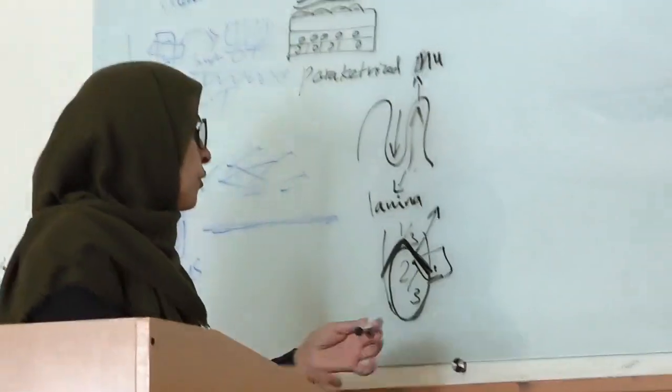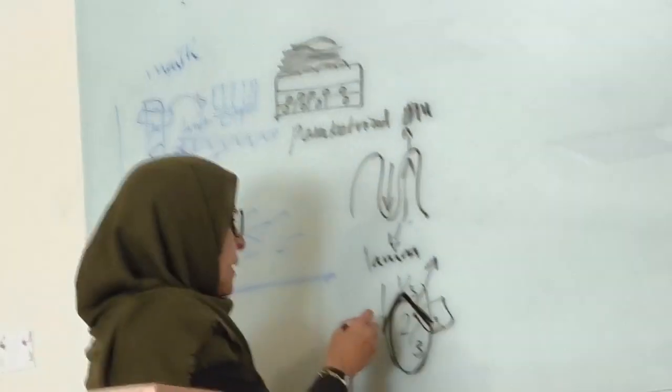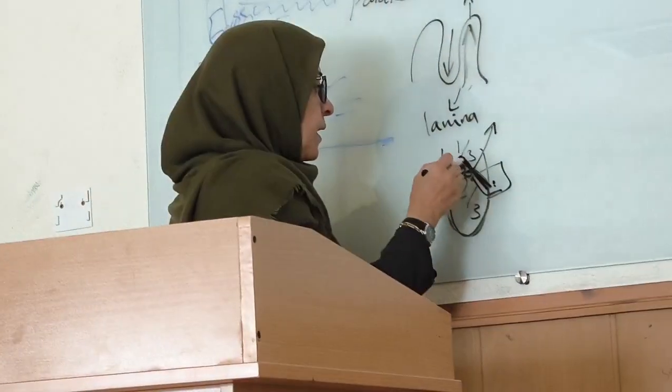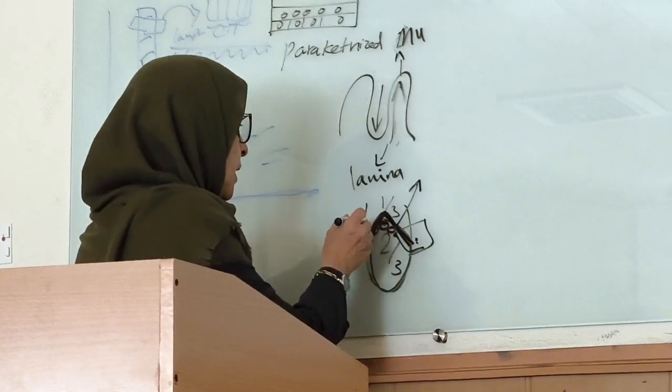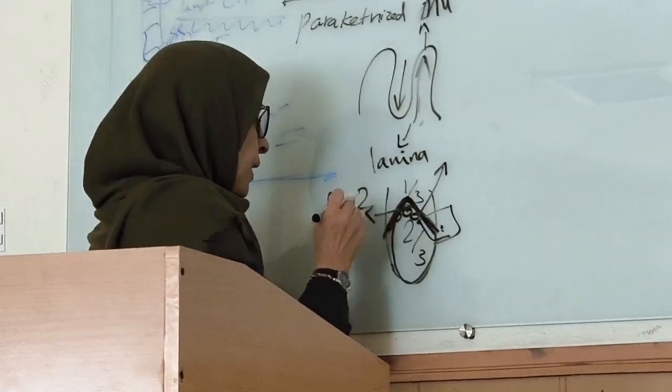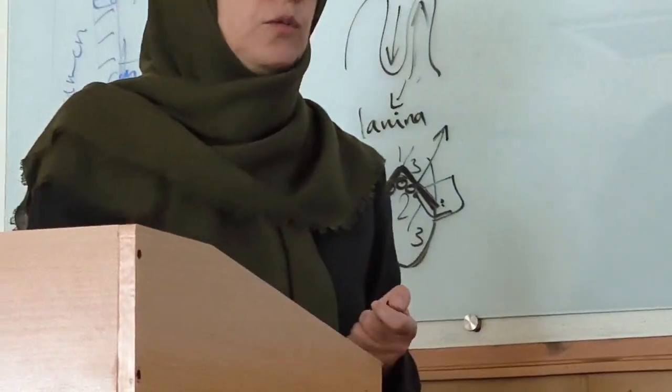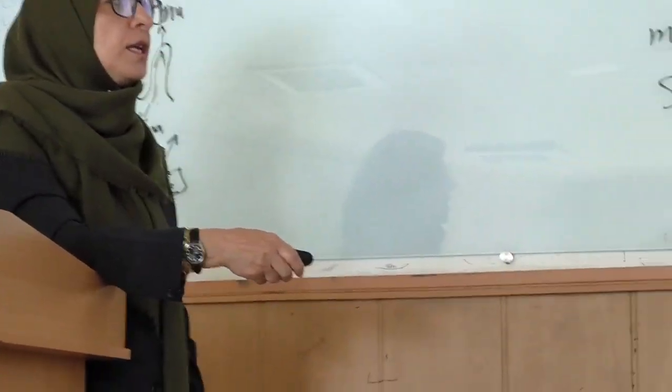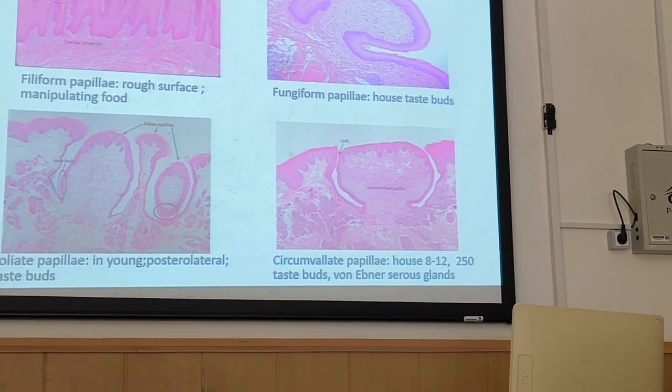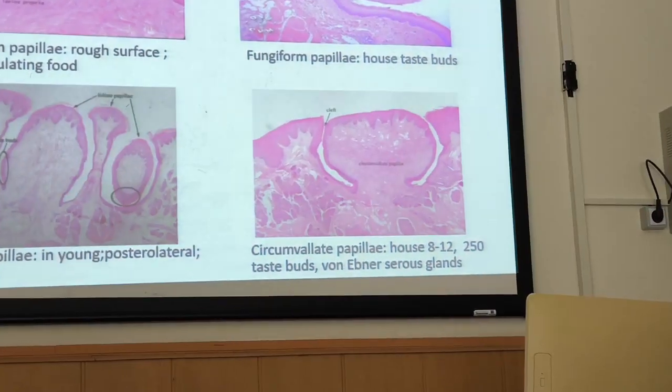The circumvallate papilla are located in the anterior part of the sulcus terminalis. They number around 8 to 12 and include more than 20 to 50 taste buds. Most of the taste buds are located here.